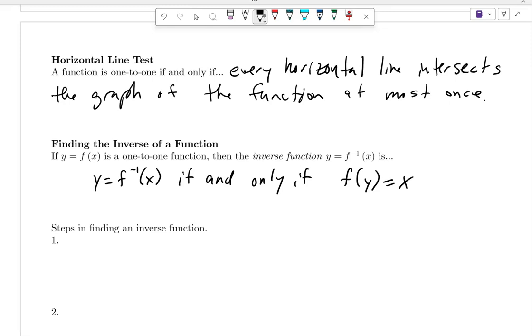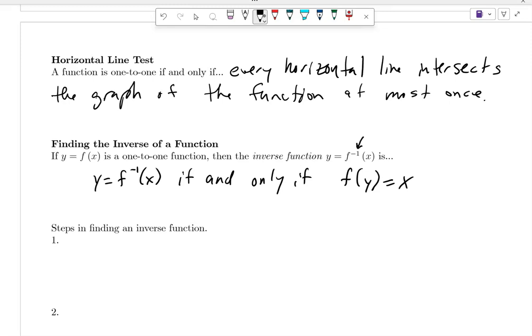So it's flipping around the roles of x and y. Inputs become outputs, outputs become inputs. So rather than given an input and find an output, it's basically asking you to solve something. Here's what the output was. What must have gone in? It's the reverse.